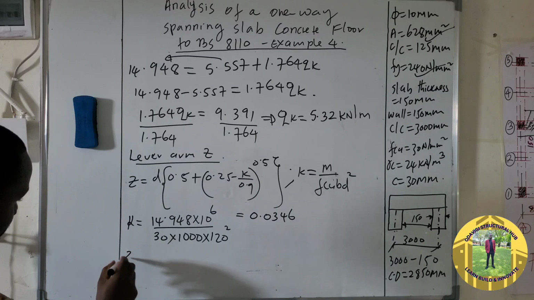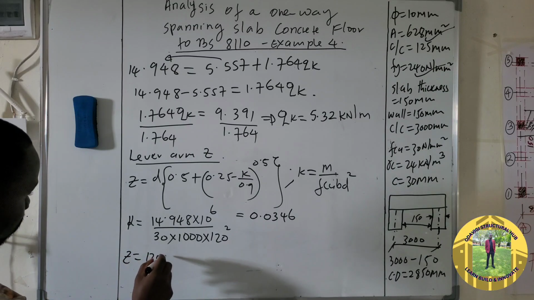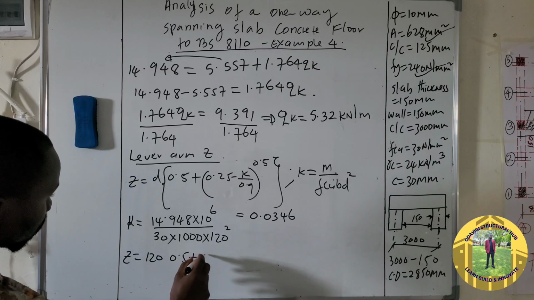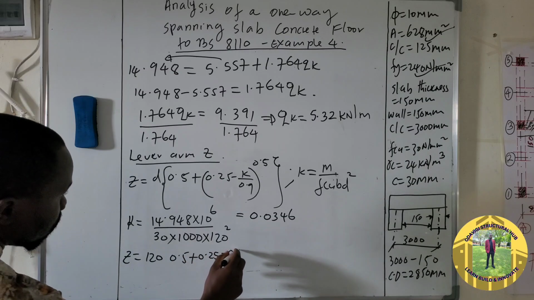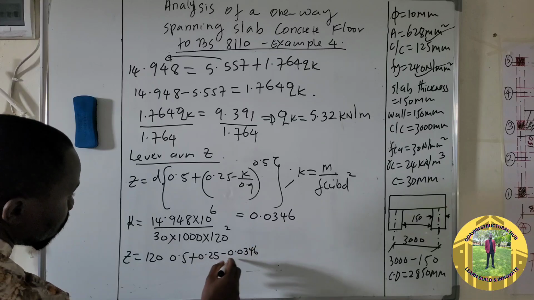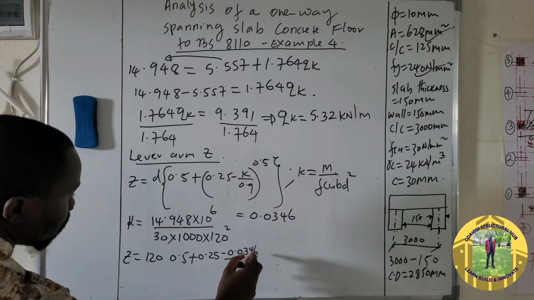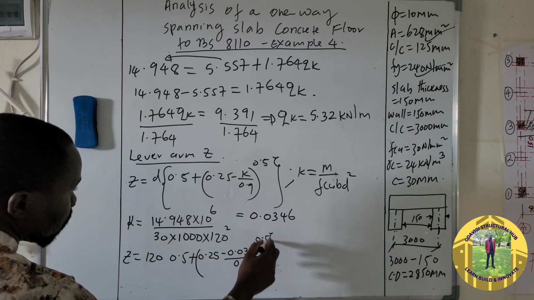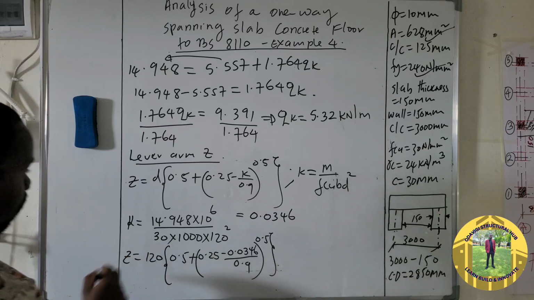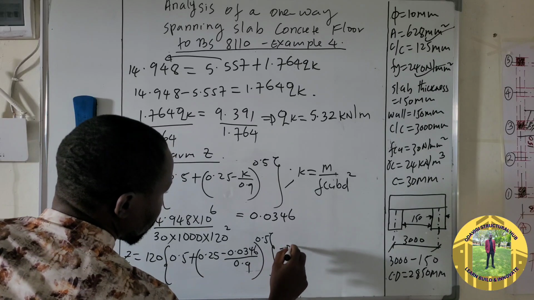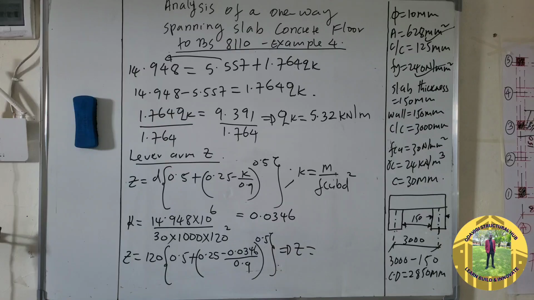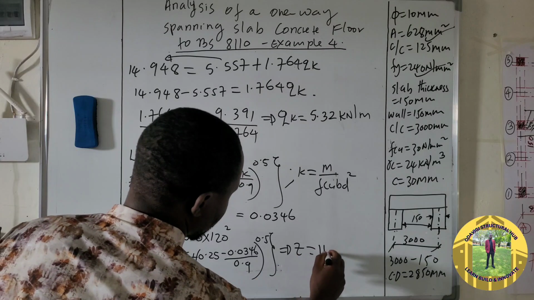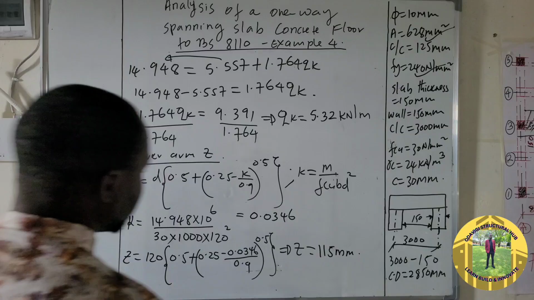So Z is equal to D, 120, which imply Z is equal to 115 millimeter.